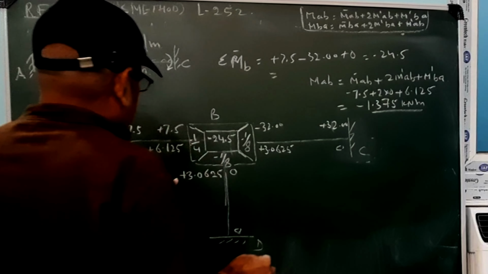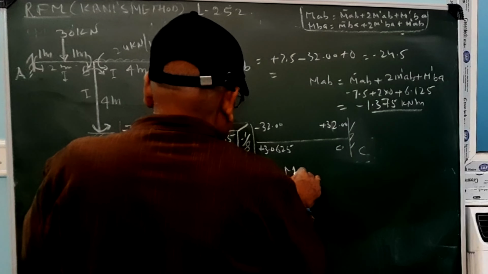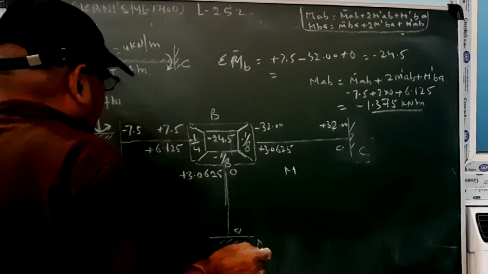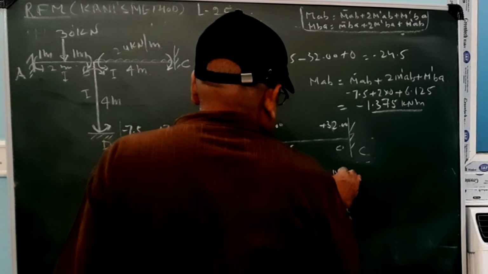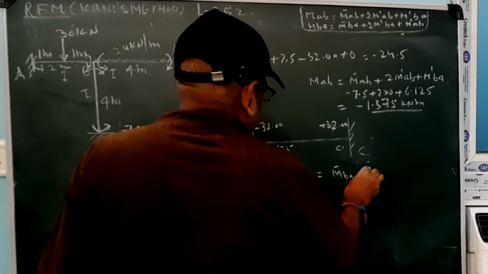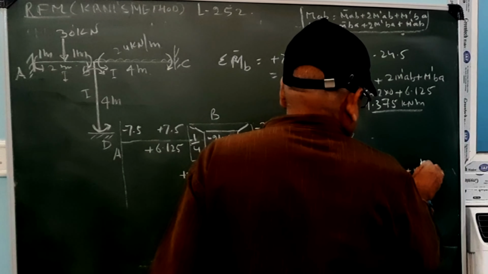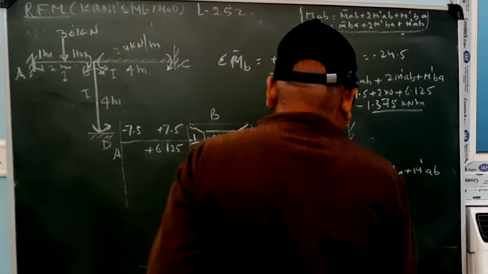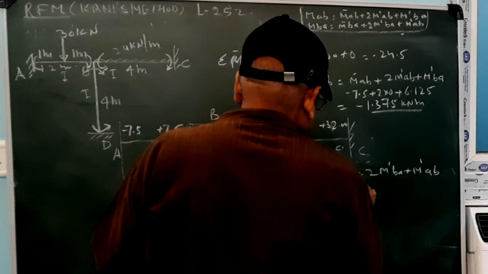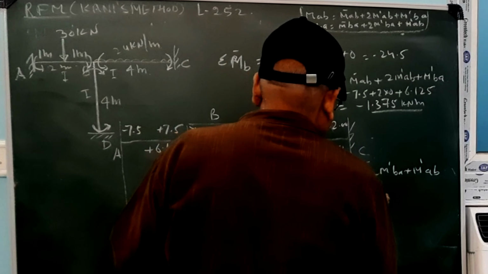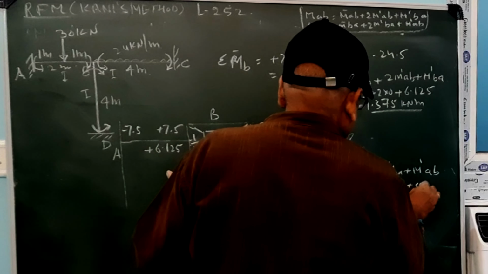And what about MBA? MBA is equal to M bar BA plus 2 times M dash BA plus M dash AB. So MBA equals plus 7.5 plus 2 times 6.125 plus 0.